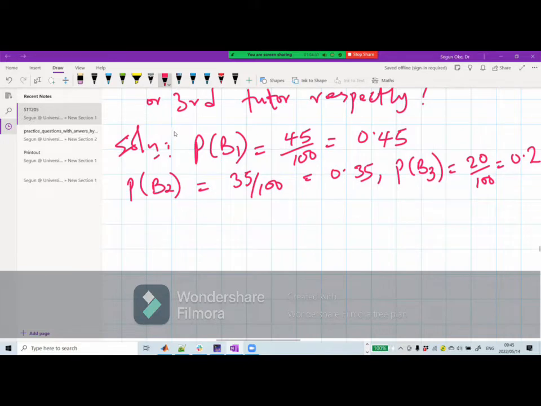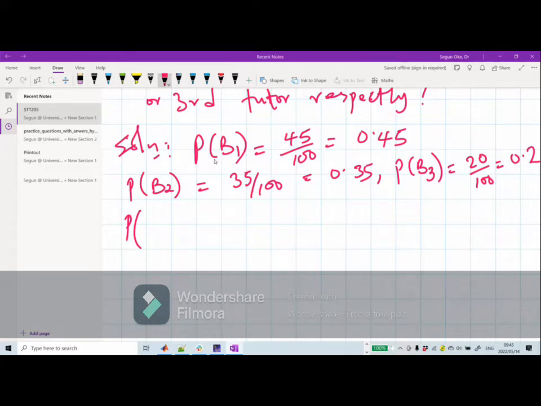The course coordinator vetted the marking and it is found that the first tutor has an error of 0.03. Don't forget, we are using Bayes' theorem because, remember, we want to identify, we know the script. But how do we now identify who committed the error?